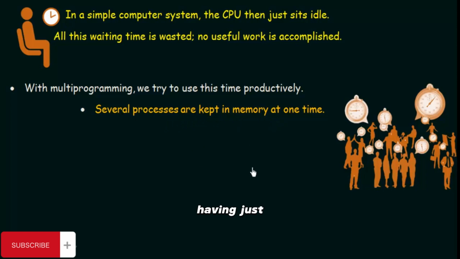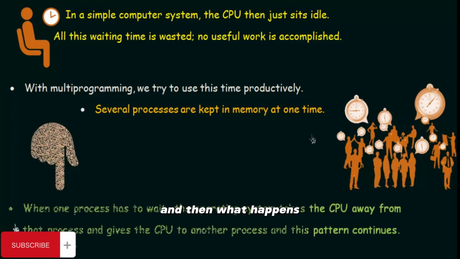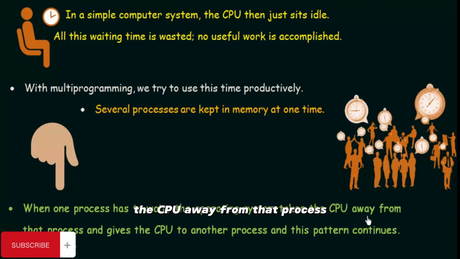So instead of just one process, we will be having several processes kept in memory at one time. And then what happens when one process has to wait? The operating system takes the CPU away from that process and gives the CPU to another process. And this pattern continues. So we saw that in the simple computer system, when one process is waiting for some I/O request to be complete, then the CPU is not being utilized.